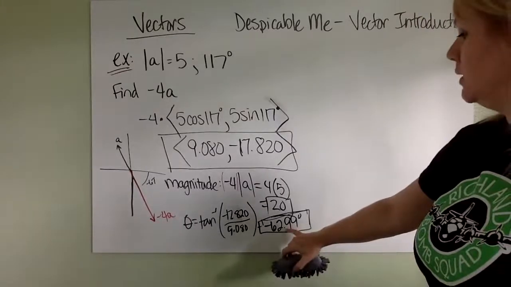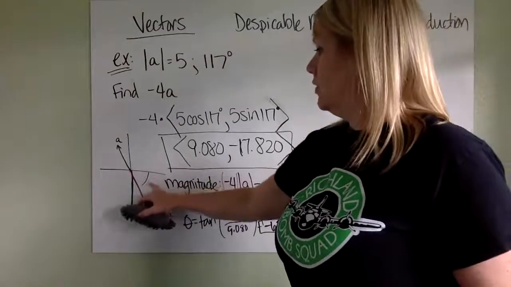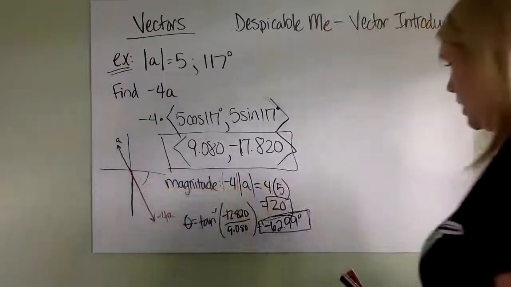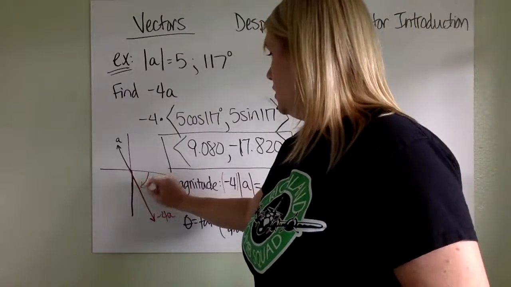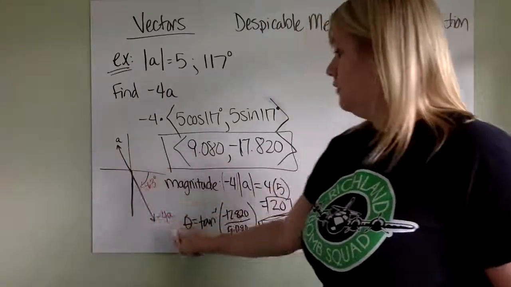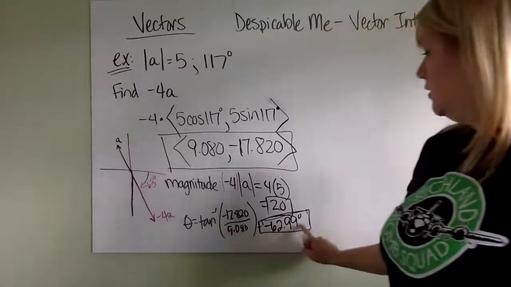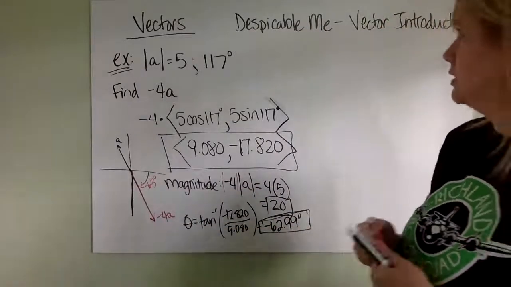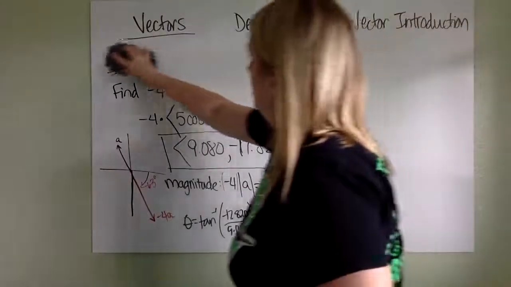So again, this one we don't have to add 180 to it because it lands in the third or fourth quadrant, right? Negative 67 degrees is backwards into the fourth quadrant. The picture of our 9, negative 17 vector is in the fourth quadrant, so that one is our answer, and it's just fine.